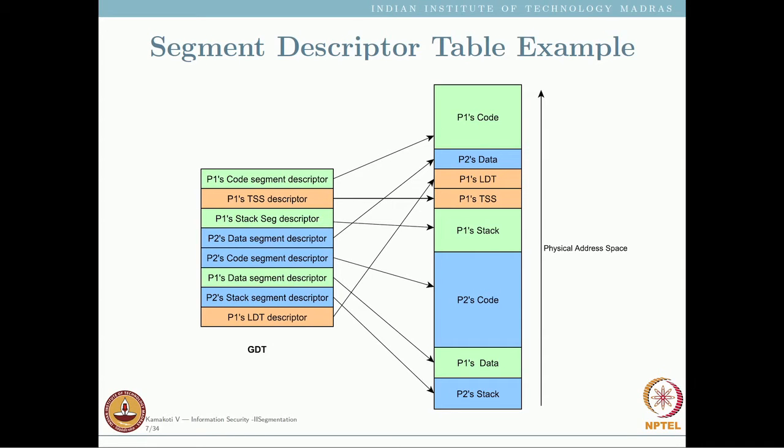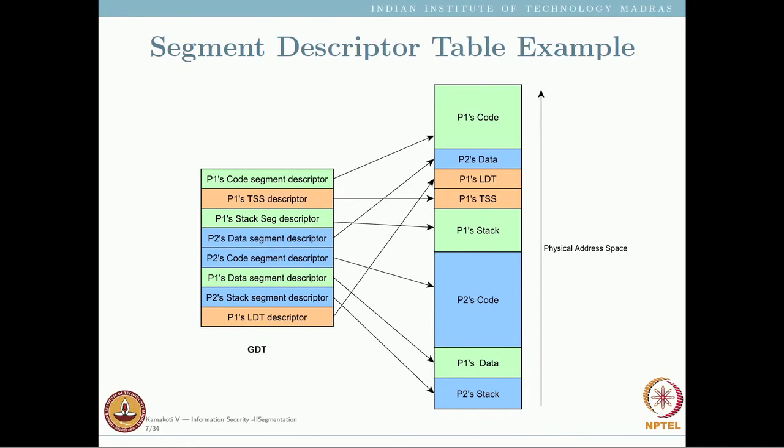It can also have a descriptor to the LDT of a process. So many things can be there inside a GDT, but typically the GDT will have the code, stack, data plus TSS plus LDTs, but that code, stack and data would be for only the kernel processes, and for all the local processes, the stack, data and code will be stored in the corresponding LDTs.